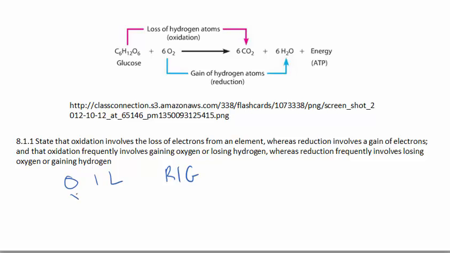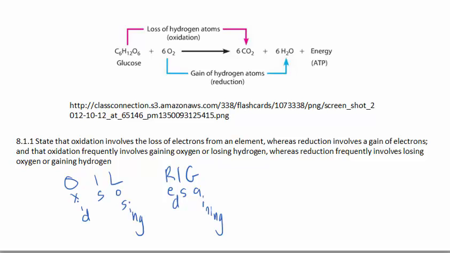OIL RIG stands for oxidation is losing electrons, and reduction is gaining electrons. Continue reading the statement, and that oxidation frequently involves gaining oxygen or losing hydrogen, whereas reduction frequently involves losing oxygen or gaining hydrogen. So it kind of makes sense from the word.